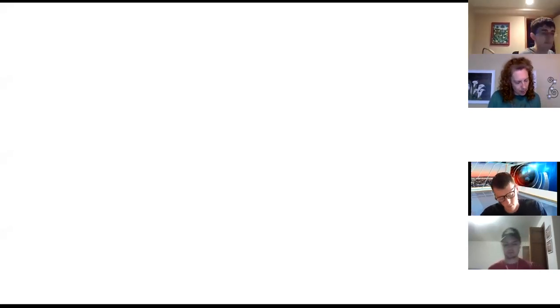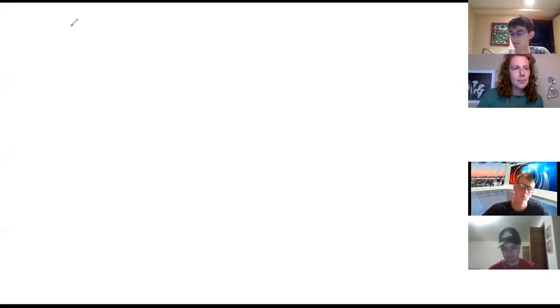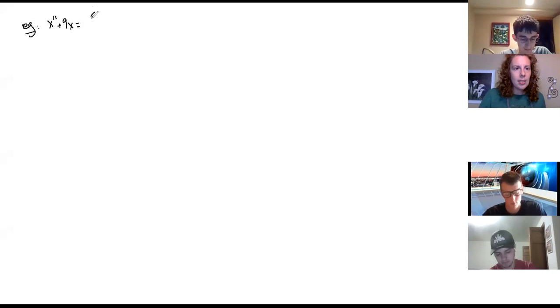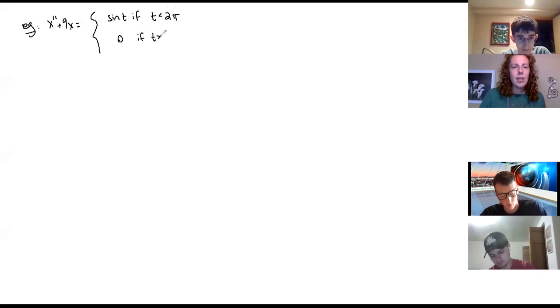For example, x double prime plus 9x equals this function, sine of t if t is less than 2 pi, and 0 if t is greater than or equal to 2 pi.